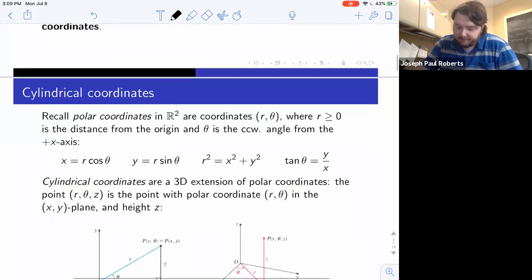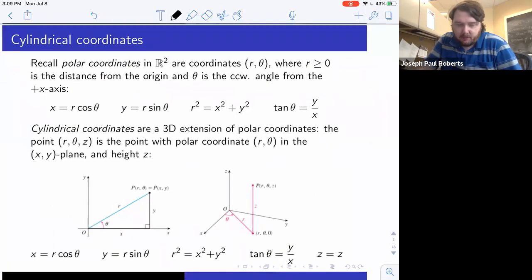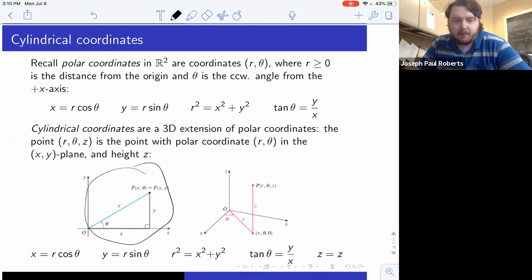So anyway, the idea of cylindrical, you're literally just converting x and y into polar. So x becomes r cosine theta, y becomes r sine theta. And therefore we have these other relationships. So you want to think about r as being the distance from your point x, y to 0, 0 when you're in the xy plane.